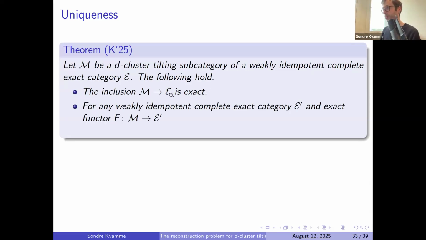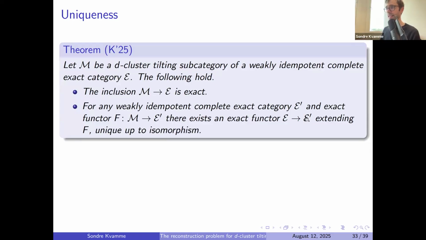So what I show is that whenever you have a weakly idempotent complete exact category E prime, and an exact functor F from M to that weakly idempotent complete exact category, then you can find a functor which extends F. You can extend it along the inclusion to an exact functor from E to E prime, and the extension is unique up to isomorphism.